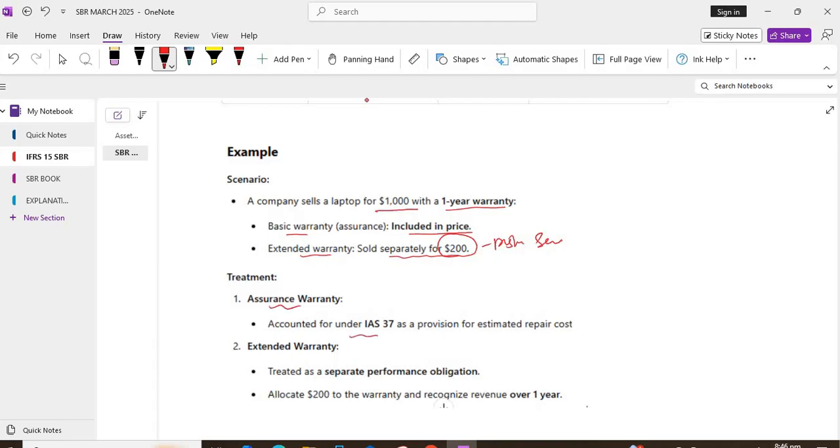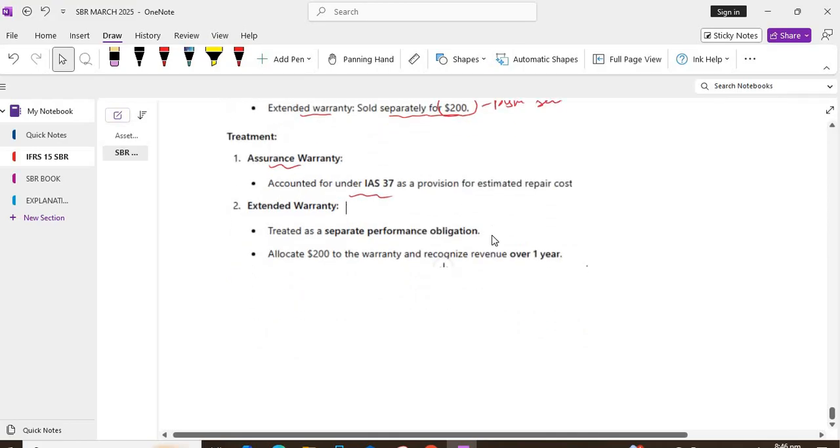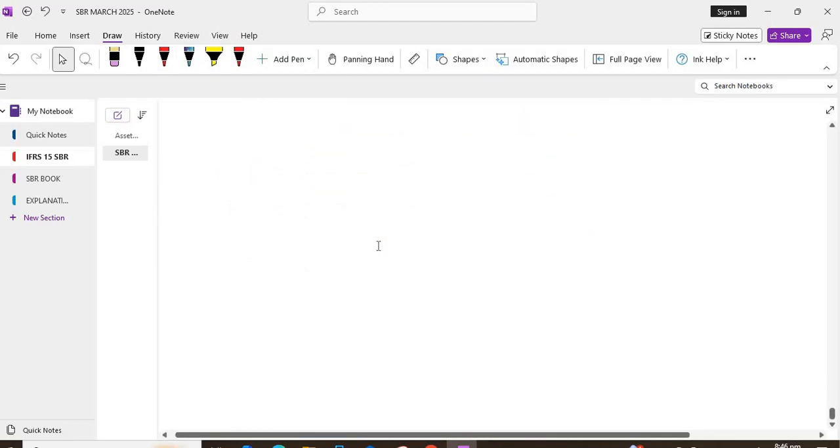Assurance warranty is accounted for under IAS 37, as I have told you before, with a provision for estimated repair cost. And the extended warranty is treated as a separate performance obligation: allocate 200 to the warranty and recognize it over 1 year. Clear?